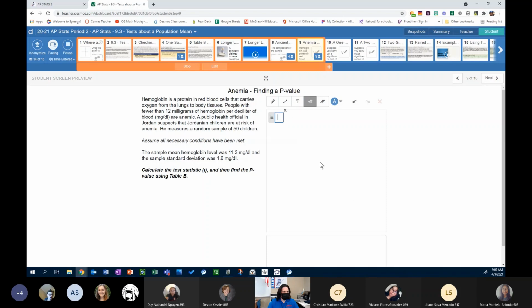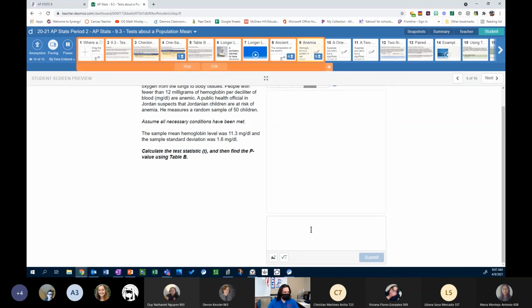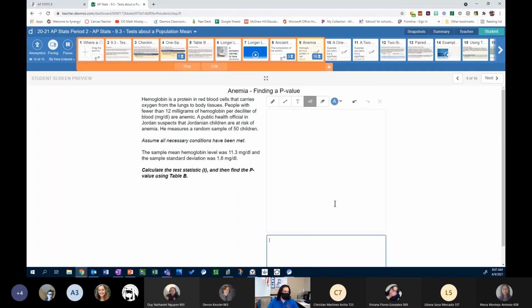You can choose to type math in this space up here, or you can use the text entry box below, or you can do your work on a piece of paper and upload that image using the upload image option in the text entry box. So you have many, many ways that you can choose to show your work and do your work in here. Please choose the one that you like the best. And then lastly, as you guys get started here, I'm going to put a copy of table B in the chat. Give me just a moment for that.